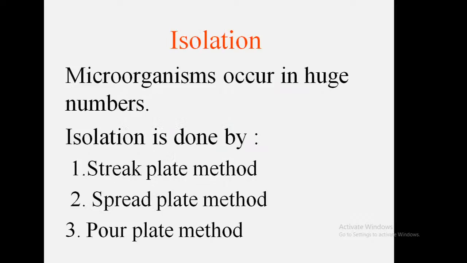Microorganisms occur in huge numbers. Isolation is done in three ways: the streak plate method, the spread plate method, and the pour plate method. We will see them individually in brief.